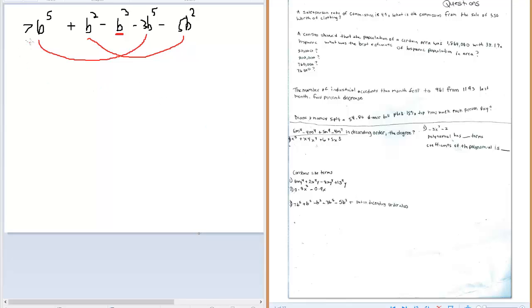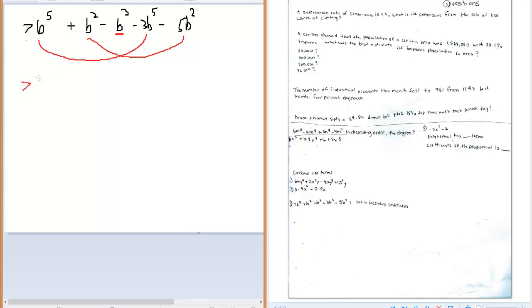Next, since we have already grouped the terms based on their degrees, we will now arrange them in descending order. A convenient action to take firstly would be to pick them out, so separate them from this equation. First take 7b to the degree of 5 with -3b to the degree of 5 and put them somewhere on your page: 7b to the degree of 5 minus 3b to the degree of 5.